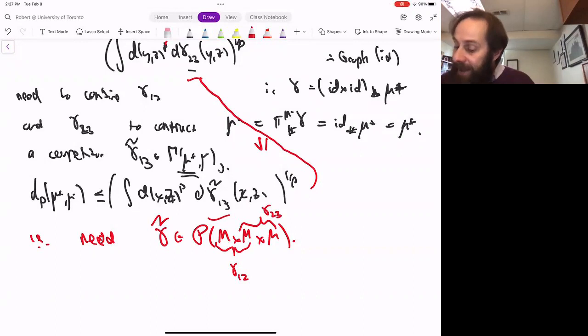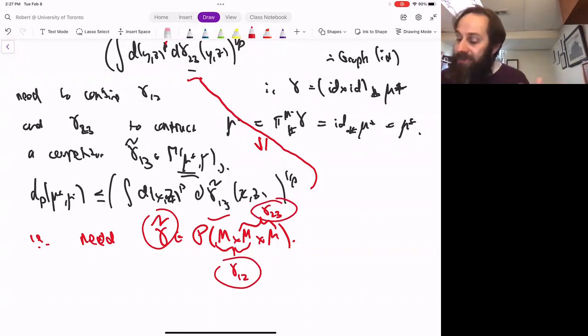If I can find a gamma tilde that has this projection onto the first two and that projection onto the last two, then I take its projection onto the first and the last, and I'll get the gamma tilde 1 3 that I want. Does that make sense?